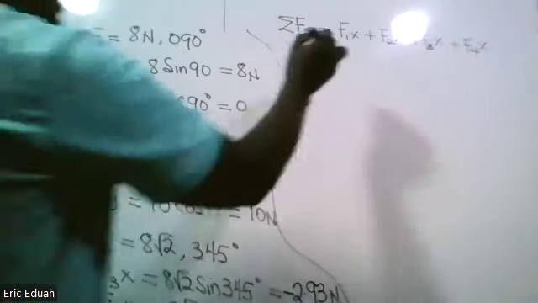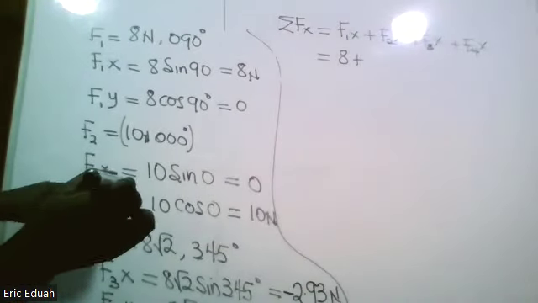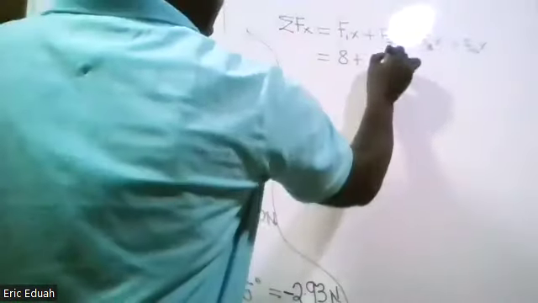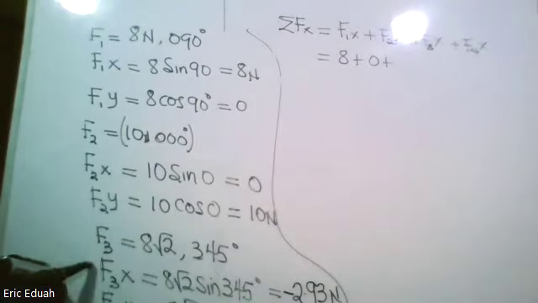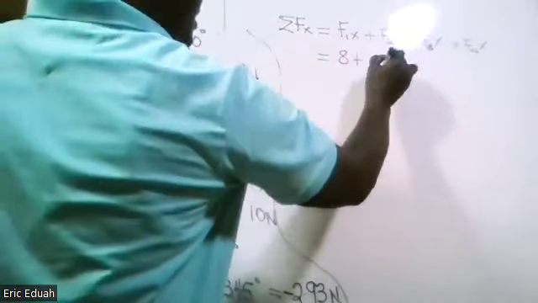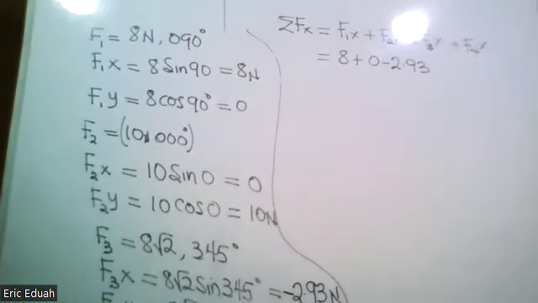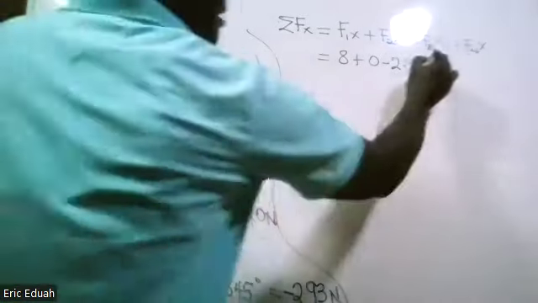F1x, we had 8. F2x is 0. F3x, we had minus 2.93. Then F4x is 9.